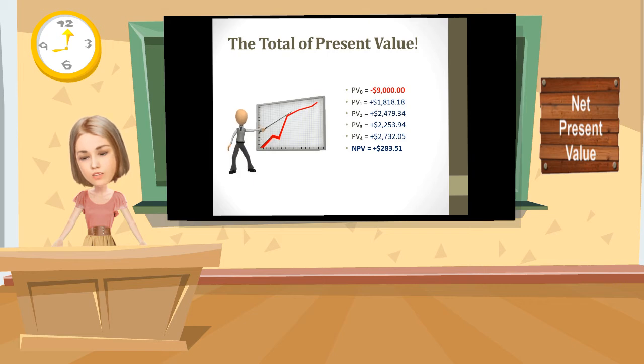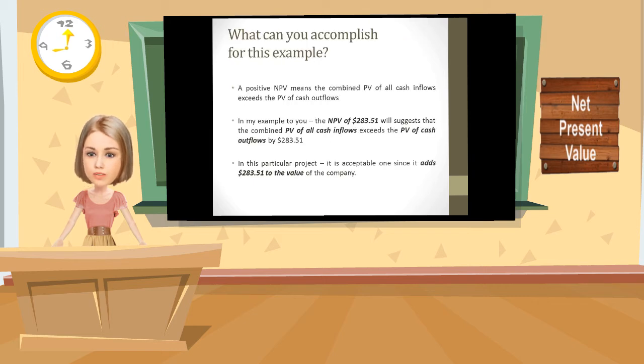We have exemplified this by the $283.51. This result expresses to the company, and to us, a good investment, since it adds value to the company. Now, that was fun.